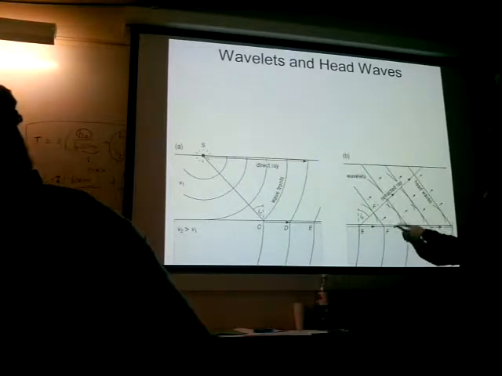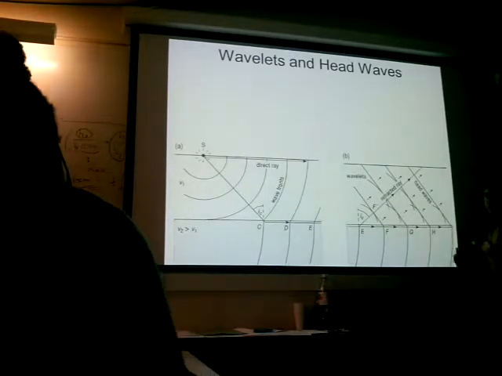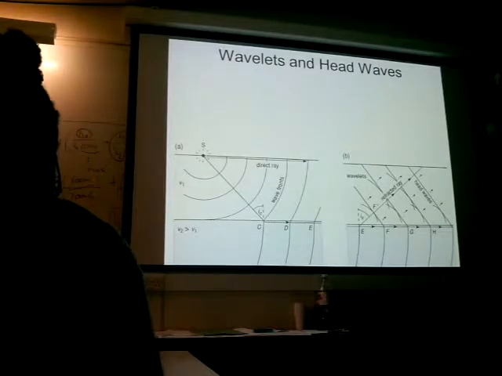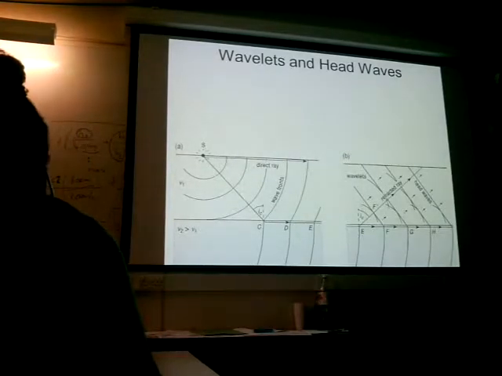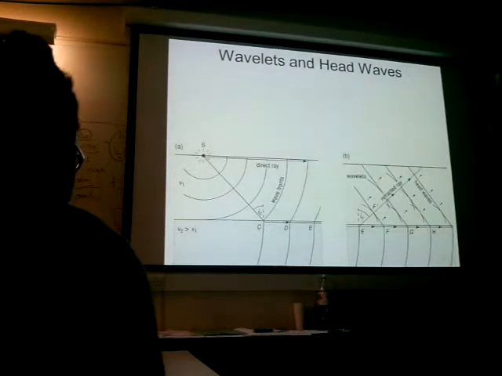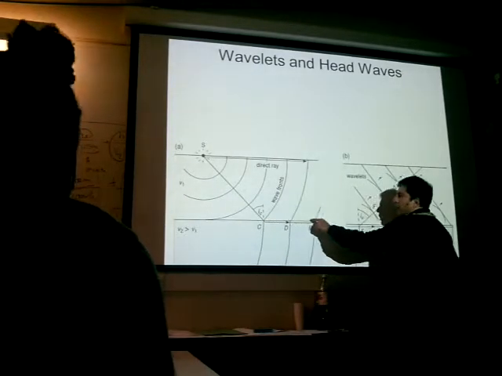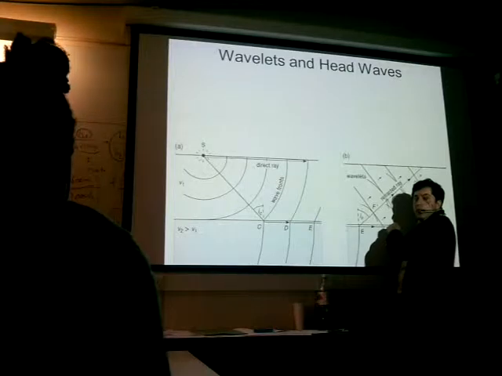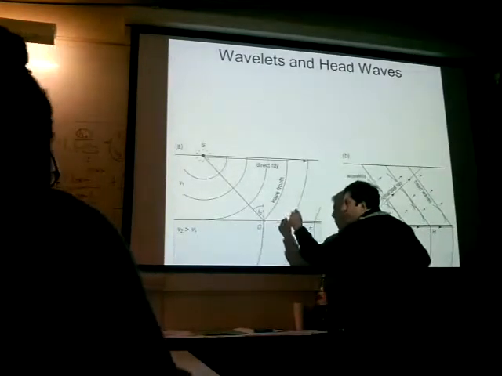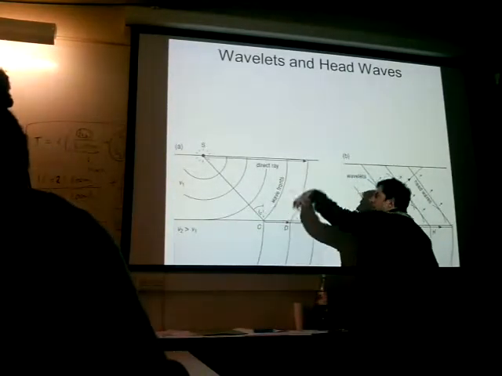So what Huygens' theory is telling you is that in reality, when a ray arrives at a critical angle, it's not true that it travels only along the discontinuity, but it immediately produces sources that are already arriving to the system.